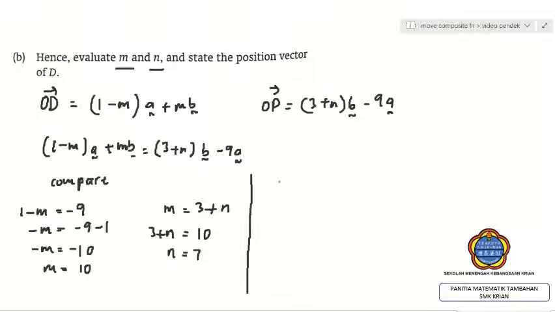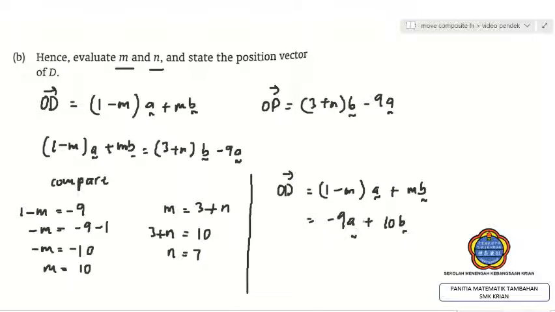Position vector of D. Since we already know the value of m and n, we just substitute: 1 minus m A plus mb is equal to 1 minus 10, which is negative 9a plus 10b.